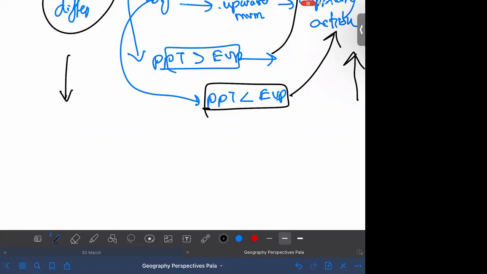Okay, fine. In fact, it is the parent material which supplies the inorganic content to the soil. And depending upon the composition of the parent material, the mineral composition of the soils also changes.